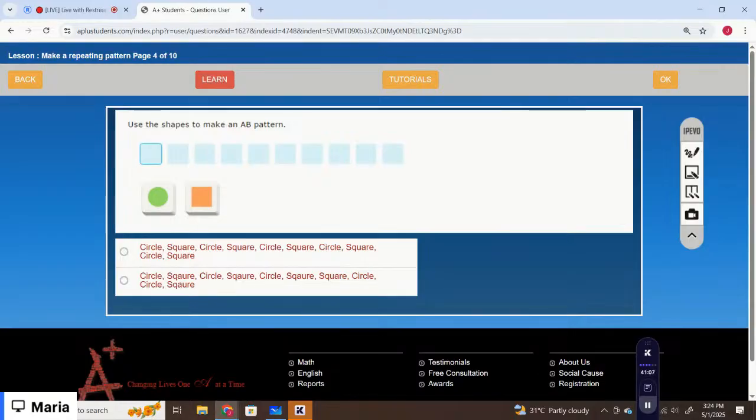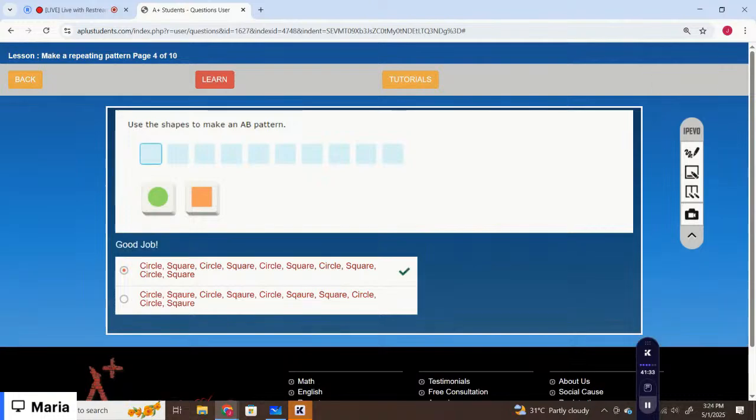Use the shapes to make an AB pattern. Circle, square, circle, square, circle, square. Option number one is the correct option. They keep repeating themselves in the same pattern, so that is option number one.